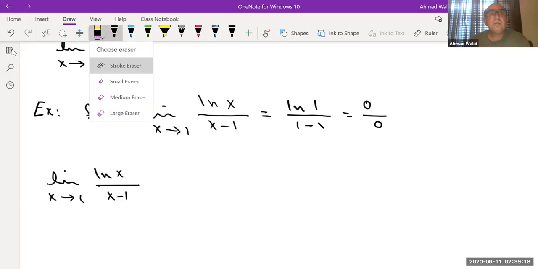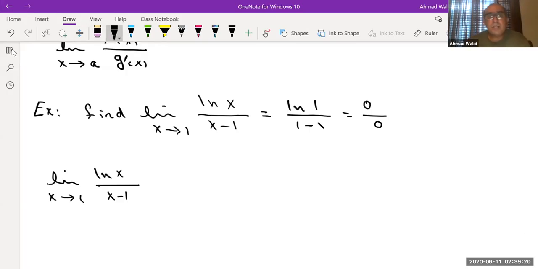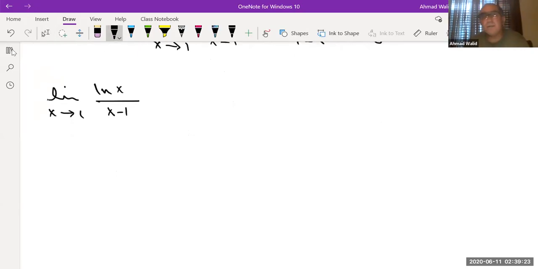When you apply L'Hopital's rule, do a little notation here because you end up with indeterminate form. Draw an arrow like this. Some people in your book, I think, put a capital H here, or some people put an L with an apostrophe. It means now you are applying L'Hopital's rule. It's really important to show this notation, because if you don't and you immediately take the derivative of the numerator and the derivative of the denominator, people will get confused about what you did, correct? Then it's better to show this notation.